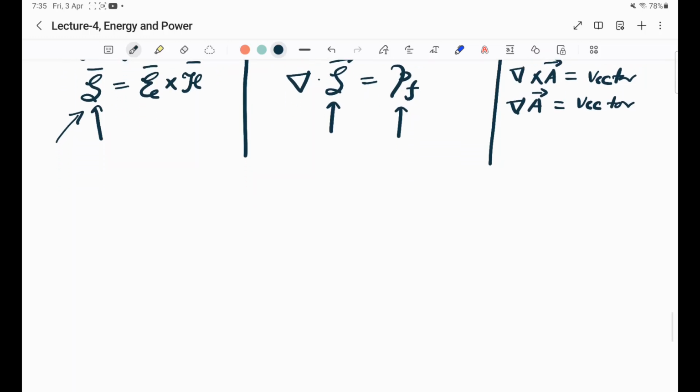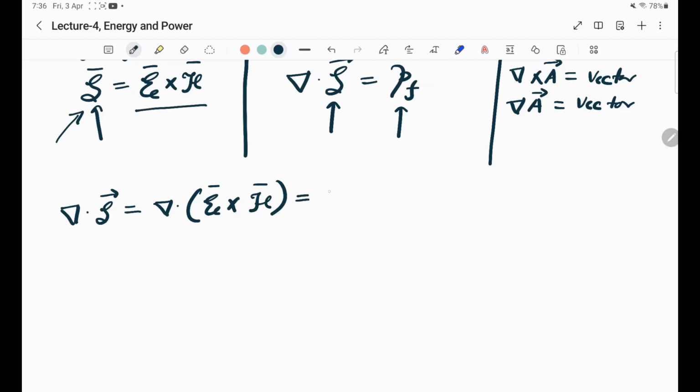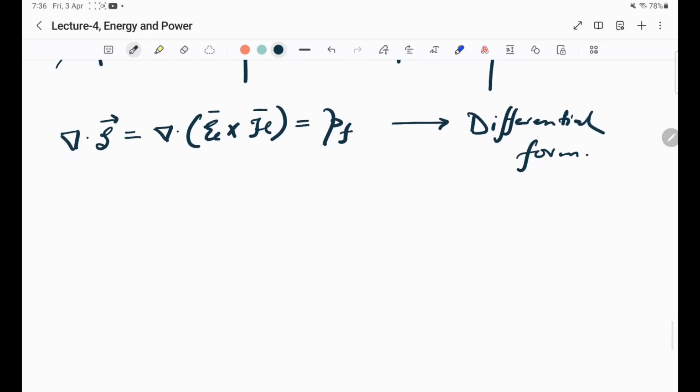Now let's write it in a simple form: del dot S is equal to del dot E cross H, because S is nothing but E cross H, which is equal to PF. Now this is written in differential form. Since this is a divergence, we can again apply the divergence theorem by doing triple volume integration on both sides.